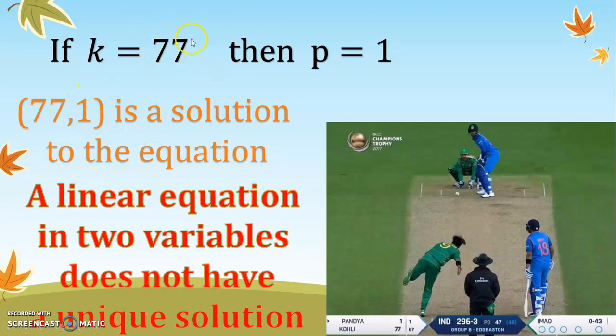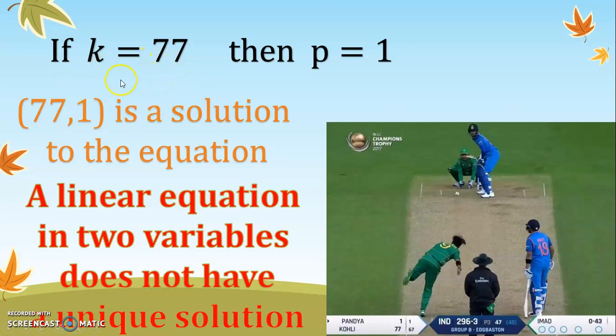For example, 3 comma 75, 8 comma 70. In this case there are a finite number of solutions, because we cannot have negative runs in a cricket match.